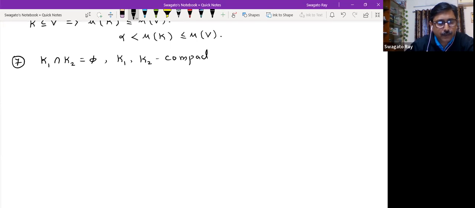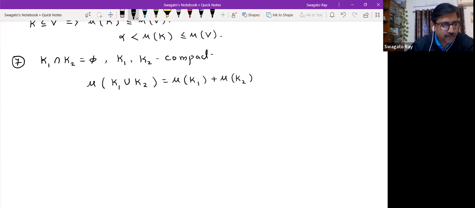Okay. The conclusion is, it's a baby step, but still a step nevertheless: mu of K1 union K2 equals mu K1 plus mu K2. So far, we don't have any such result.